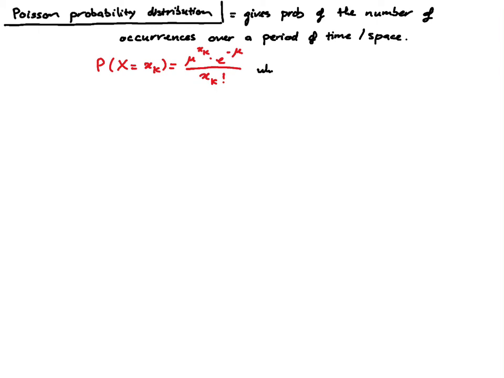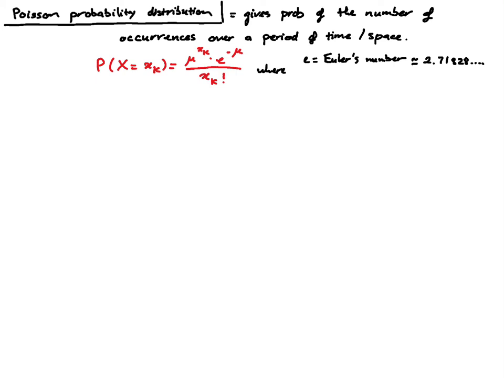where e is what's known as Euler's number, which is approximately 2.71828 and so on.